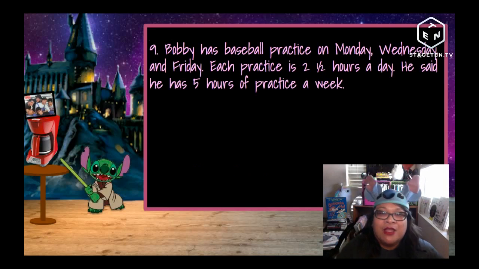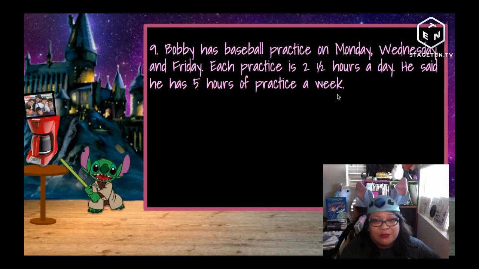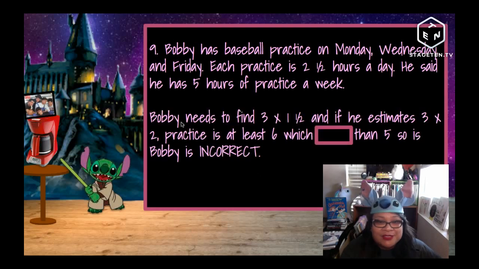Number 9. Bobby has baseball practice on Monday, Wednesday, and Friday. If each practice is 2.5 hours a day, he said that he has 5 hours of practice a week, and we know that's off. Bobby needs to find 3 times 1.5.